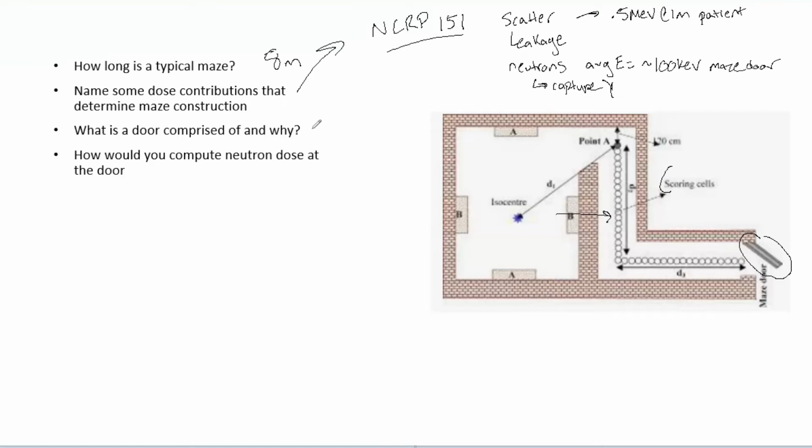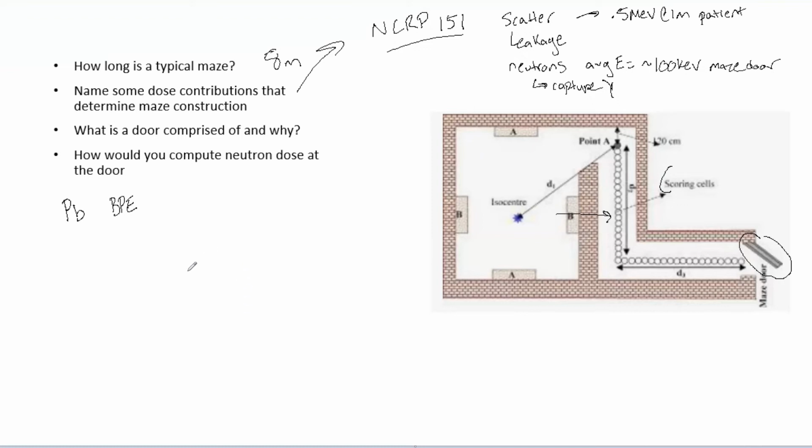So what is this door comprised of and why? This is an imperative concept to know. First, you're going to have lead. And this lead is going to shield the scatter products. It's going to lower the energy of neutron contaminants via inelastic scattering interactions. You are then going to have BPE. Now, this is called borated polyethylene.